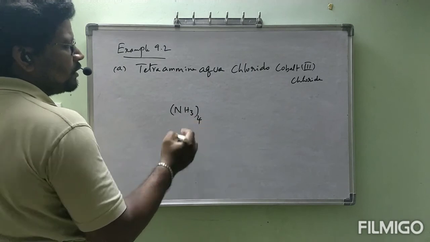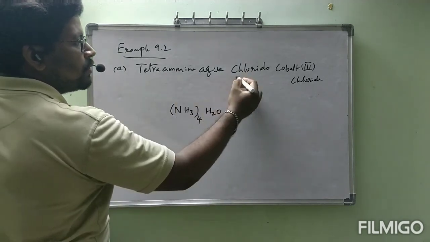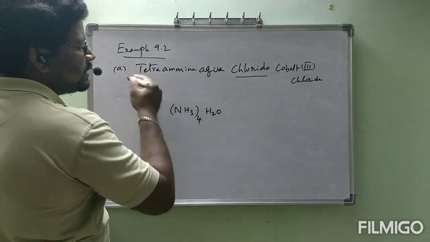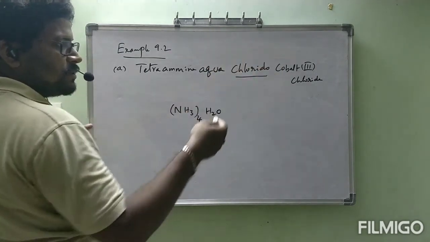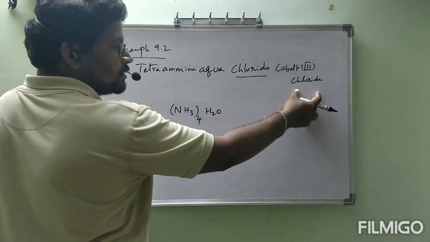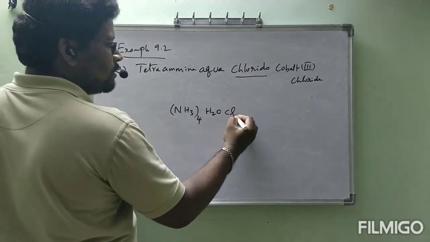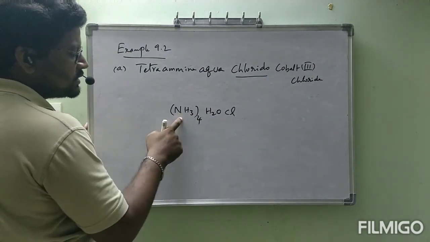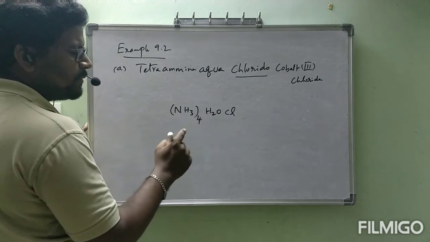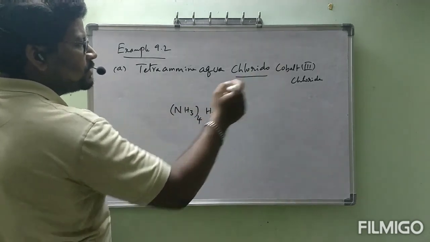NH3 4, 1 aqua, H2O, chlorido. These are all written in the complex only. This chloride is the counter ion. If you write chlorido, that is a ligand, so Cl. These are ligands. NH3 first, okay, this order is no problem. NH3 4, H2O, Cl. These are surrounded by cobalt only.